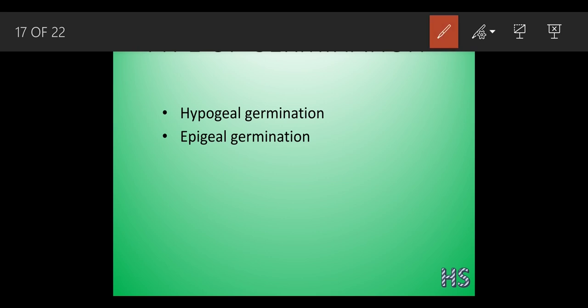Now, as we have studied the germination part, we have to study the two types of germination, that is the hypogeal germination and the epigeal germination. So what do you mean by hypo? The first one is hypo. The word hypo means below, and the word geal means earth.